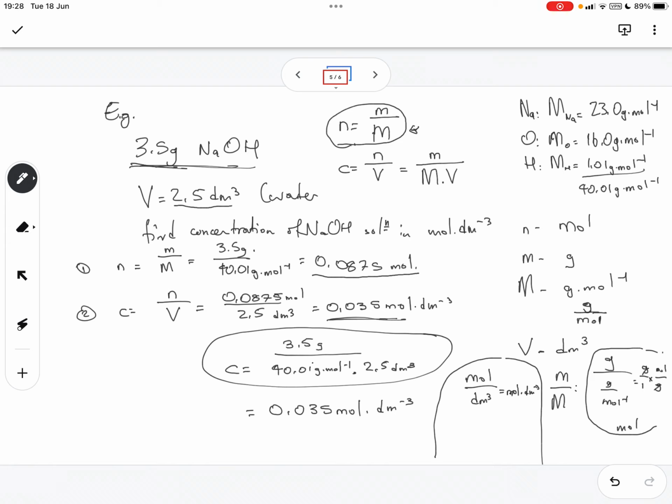I just wanted to clarify that concentration units are mole per dm cubed, and that's because we have this part here of a volume. So it's the number of moles divided by the space that they occupy.